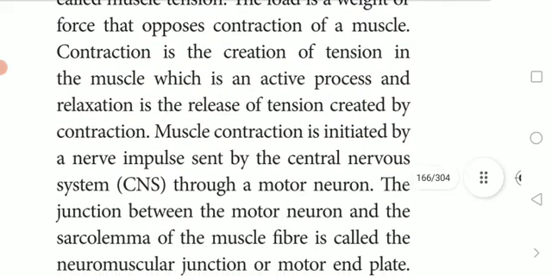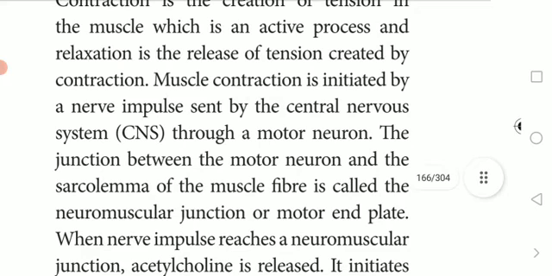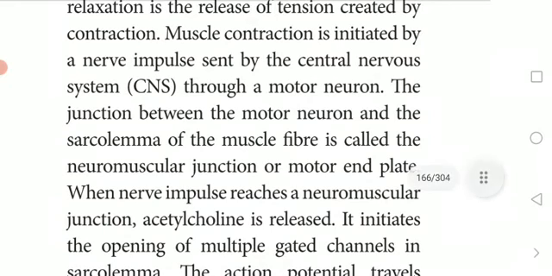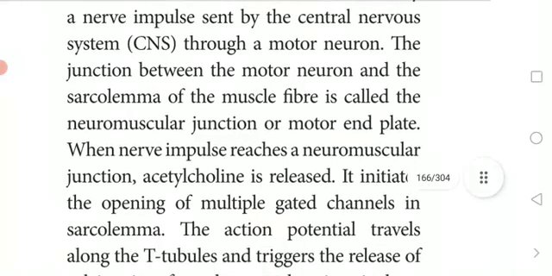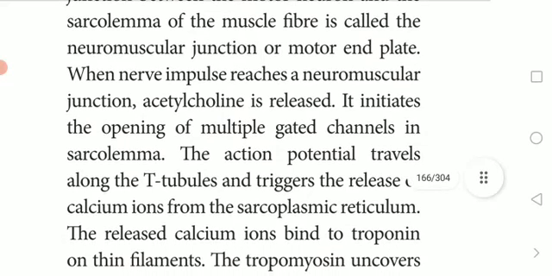The muscle contraction is initiated by a nerve impulse sent by the CNS, the central nervous system, through the motor neurons. The junction between the motor neurons and the sarcolemma of the muscle fibers is called the neuromuscular junction, or motor end plate. When the nerve impulse reaches the neuromuscular junction, acetylcholine is released.